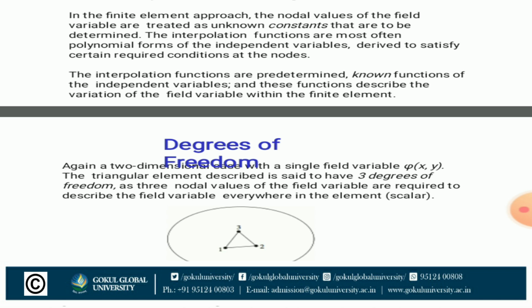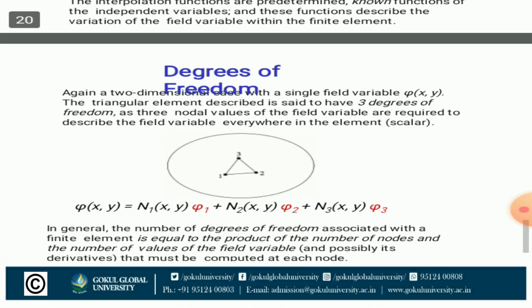In general, the number of degrees of freedom associated with a finite element is equal to the product of the number of nodes and the number of values of the field variable, and possibly its derivatives, that must be computed at each node.